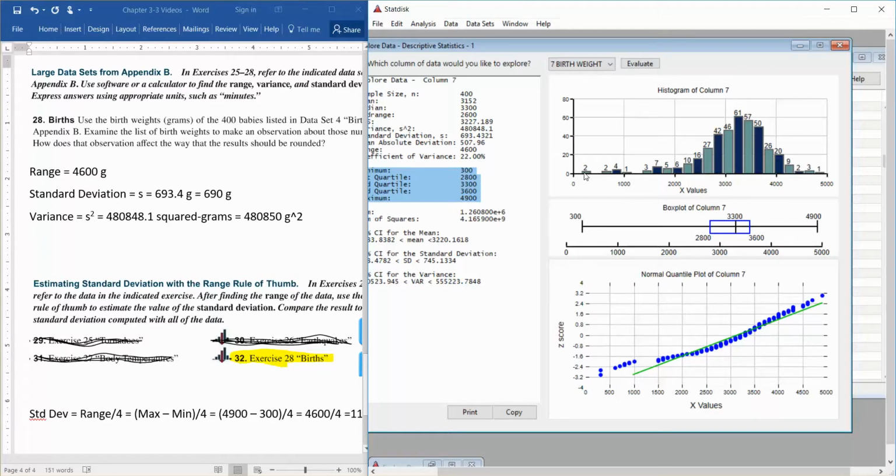In this case, our 300 appears to be quite an outlier from where the bulk of our data is. So when you have outliers, that's going to exaggerate the variation that we're actually seeing. It does have an effect on the standard deviation, but it has an even greater effect on the range.